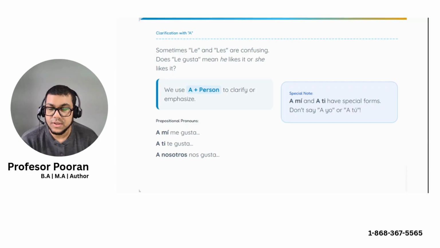But for the other prepositional pronouns, you would see things like a él, a ella, a nosotros, a ellos, a ellas, a ustedes. So you can use the subject pronouns for the rest, but for the yo and the tú forms, these are what we use, a mí and a ti.